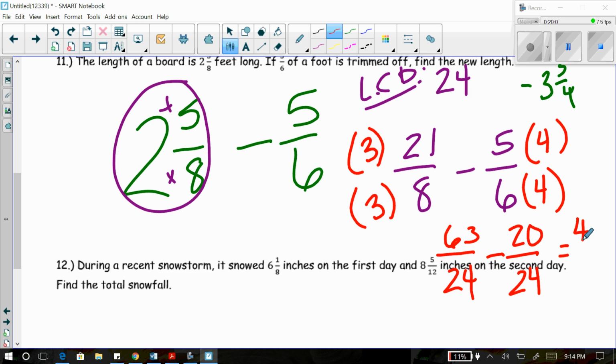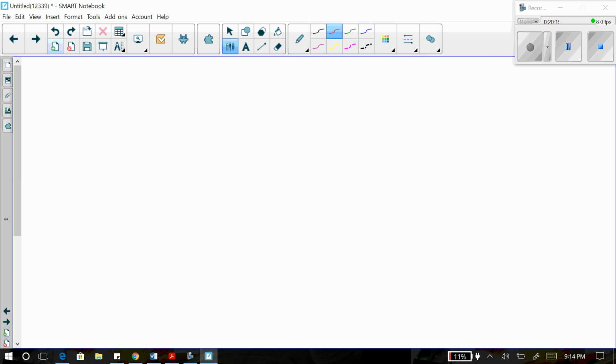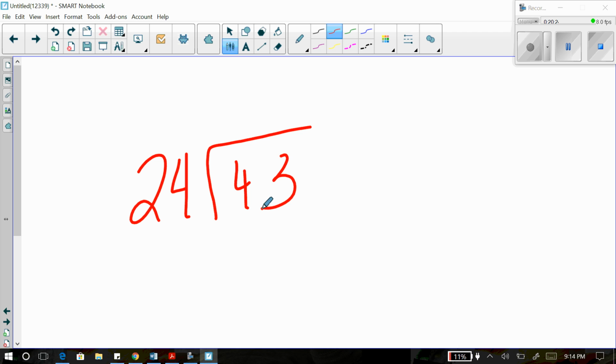When you subtract them, you subtract the numerator, keep the denominator. So 43 24ths, or let's make that into a mixed number. 24 goes into 43 once. 1 times 24.